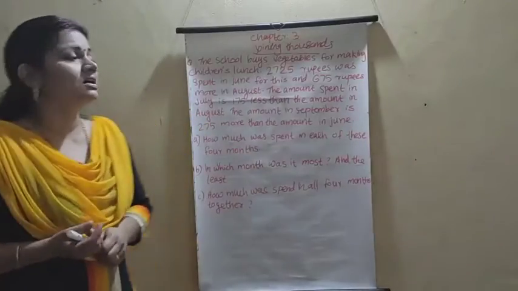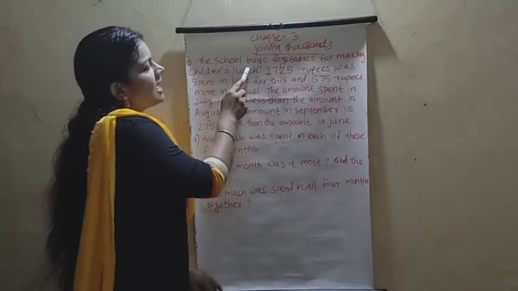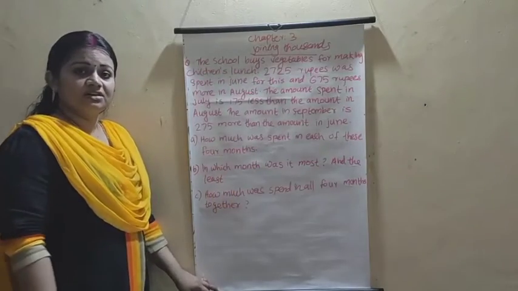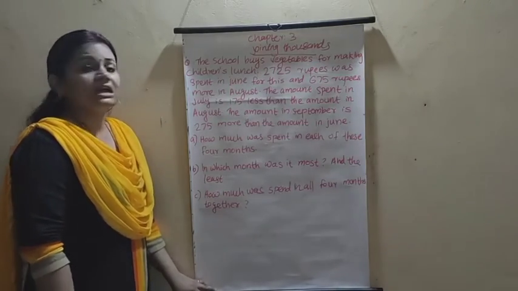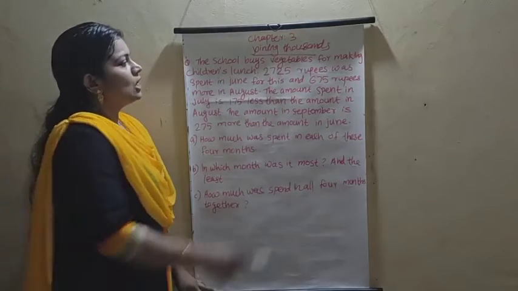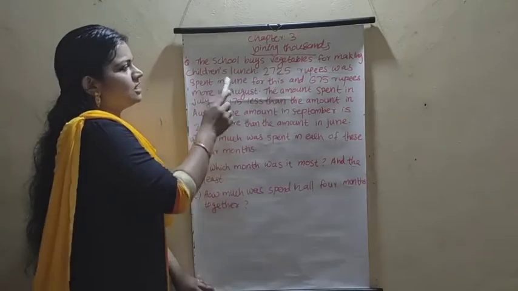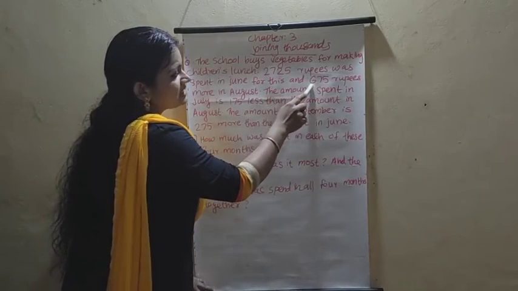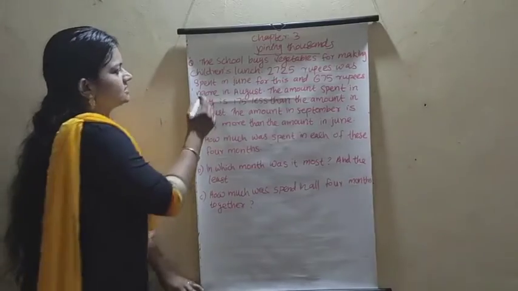So one problem is this, I will read the question. The school buys vegetables for making children's lunch. Preparing lunch for students, 2,725 rupees was spent in June for this and 675 rupees more in August.